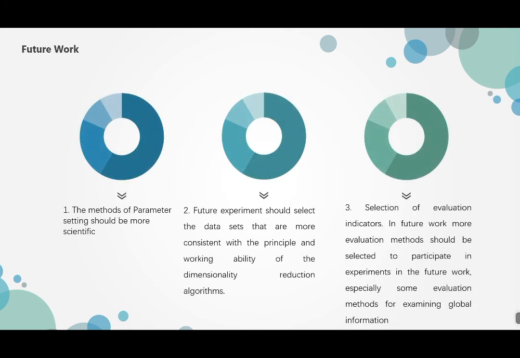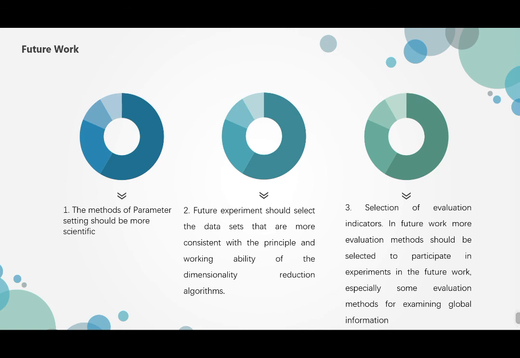For the future work, it mainly contains the following three parts. First one, in future experiments, we should select datasets that are more consistent with the principle and working ability of the dimensionality reduction algorithms. Second one, the method of parameter setting should be more scientific.